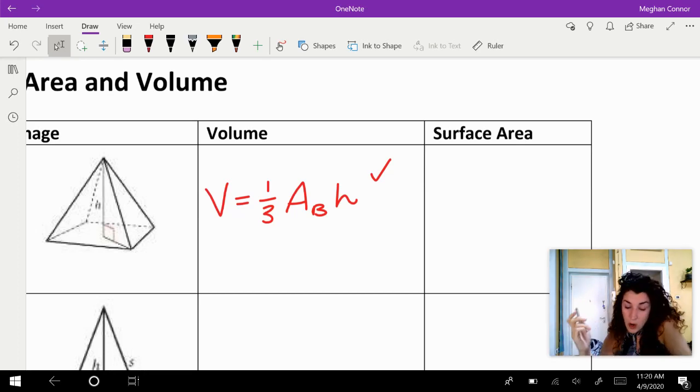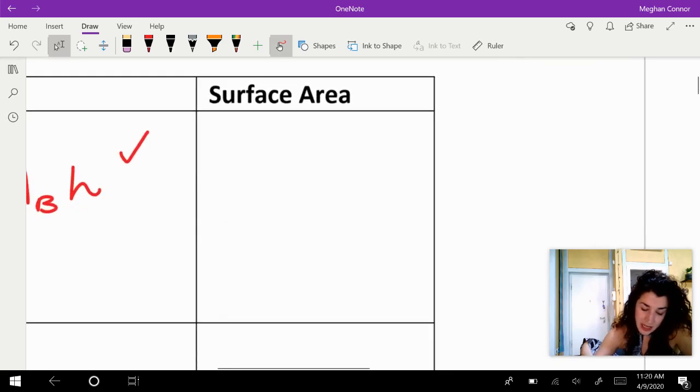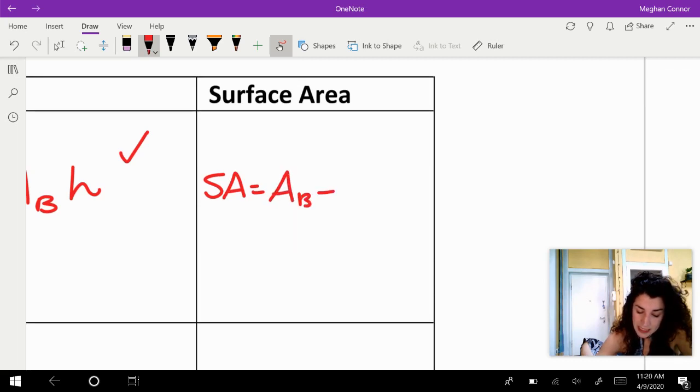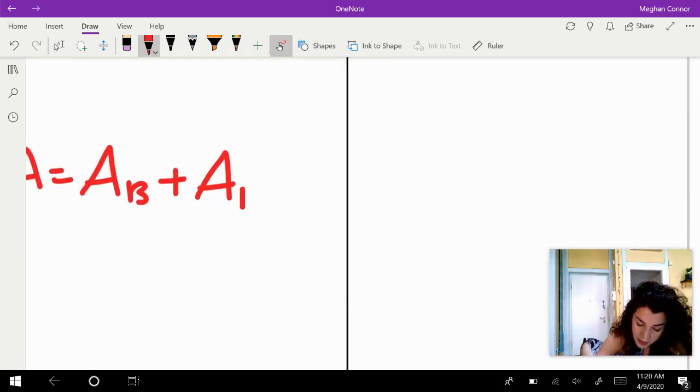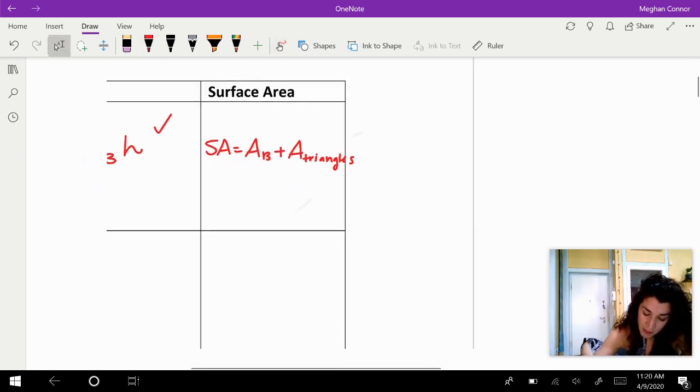It's not a very helpful formula because you have to visualize it. Surface area equals the area of the base plus the area of the triangles.